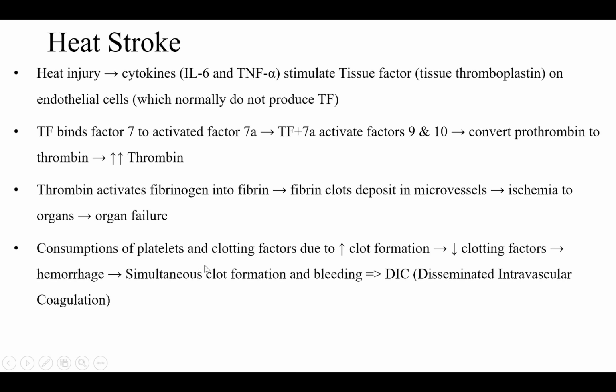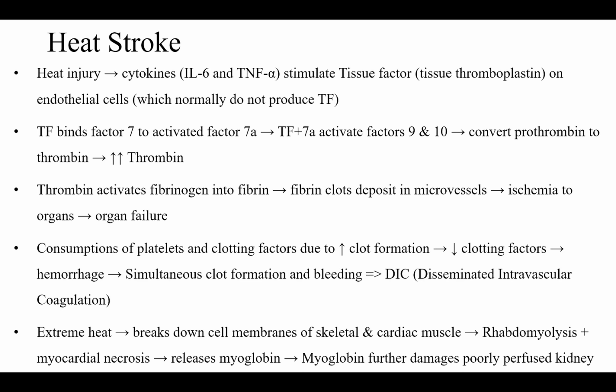Then there is consumption of platelets and clotting factors due to increased clot formation, as we talked about, and that ultimately reduces the amount of clotting factors available for the body to clot. So this decrease in clotting factors causes hemorrhage, and simultaneous clot formation and bleeding stimulates the phenomenon of DIC, disseminated intravascular coagulation, and we'll talk in detail about this in the next video about DIC.